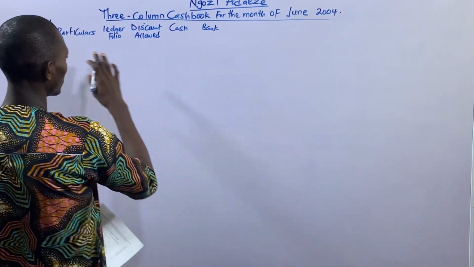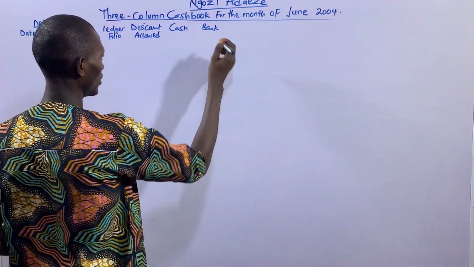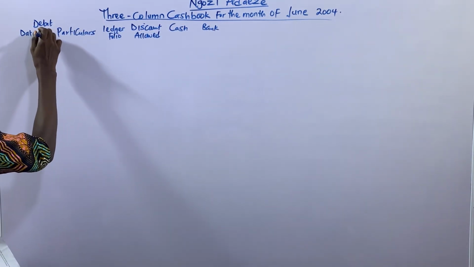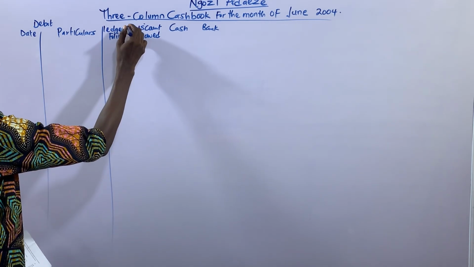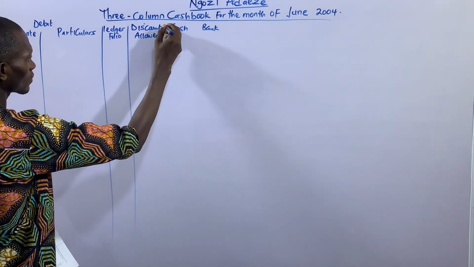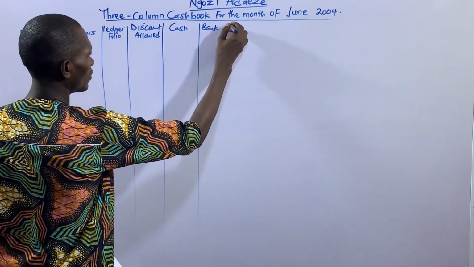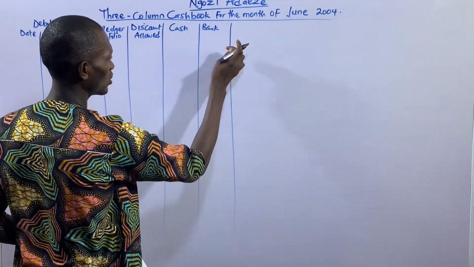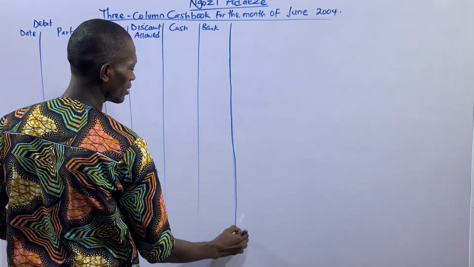So these are the columns for the debit side. Then for the credit side now, we rule it. So this is the line that divides the debit and the credit. It has to be a little bit thick.